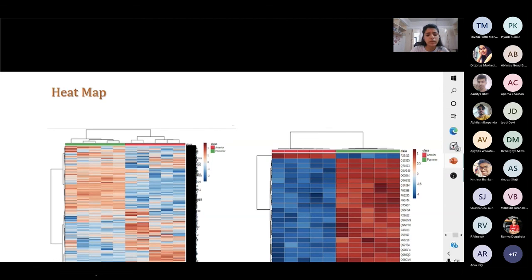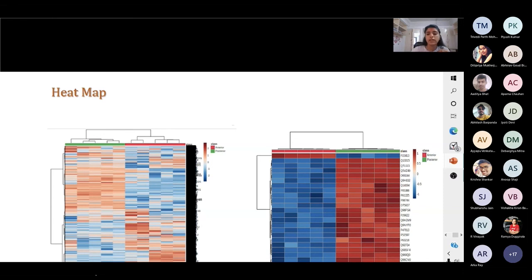In the lower half of the map, there is a clear distinction in the proteins: the red region is more concentrated in the posterior pituitary and the blue protein is more concentrated in the anterior pituitary. This shows that there is a differential expression of the proteins. On the top of the heat map, a dendrogram is also given, which shows that clustering has been done and how these proteins fall in the same category and interact with each other.